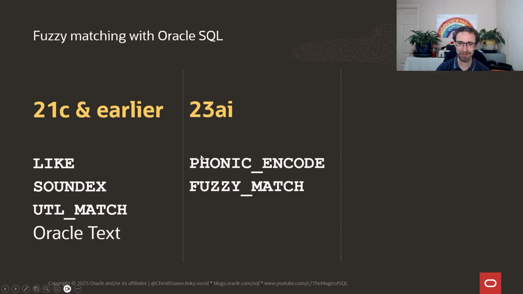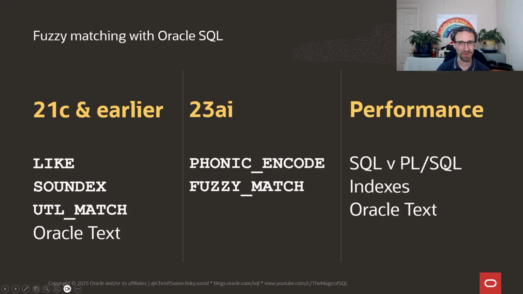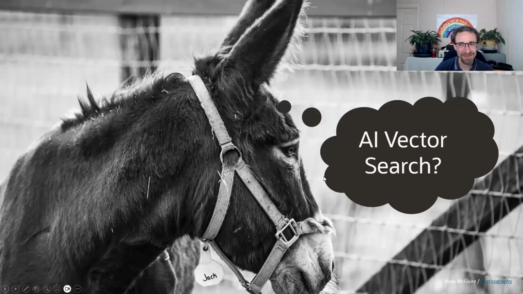In 23ai, that's expanded with phonic encode, which is much better than SOUNDEX, and the fuzzy match operator, which complements the functionality in UTL_MATCH and expands it further. When it comes to performance, look at which algorithm you're using, look at the indexes, and see if you can use Oracle Text.